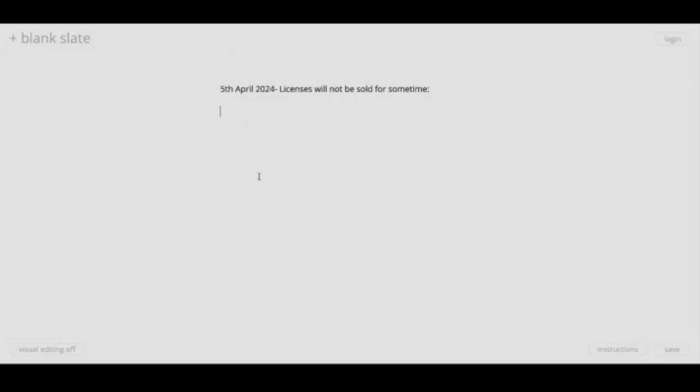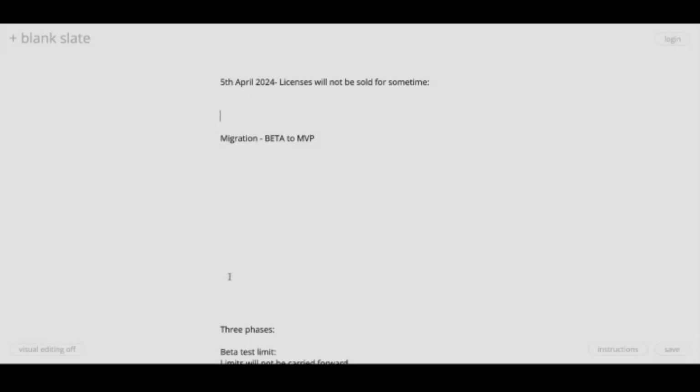So 5th of April onwards, licenses will not be sold, and we will move towards the migration of beta to MVP in three phases.